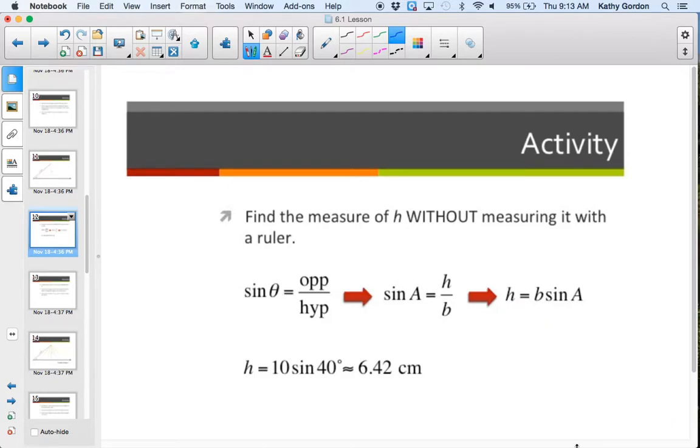To find H, because we've just created a right triangle, we can use right triangle trigonometry.